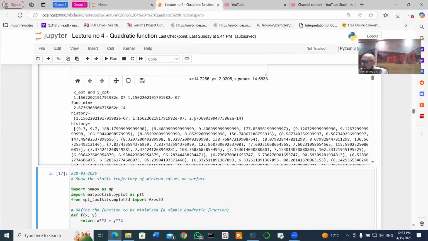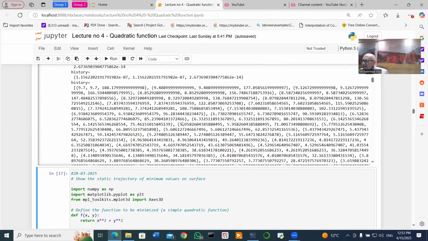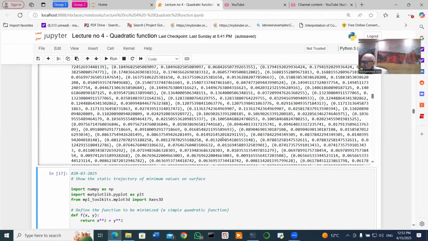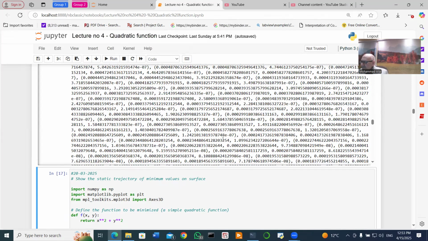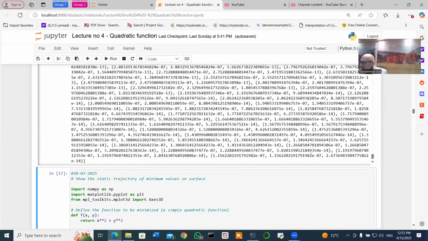This is the last reading of the function, the minimum value. This is the coordinate y, and this is the coordinate x, where the minimum occurs. This is the last value of the y, and this is the last value of the x.